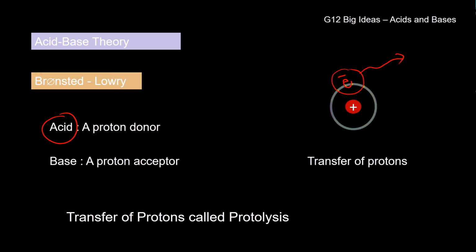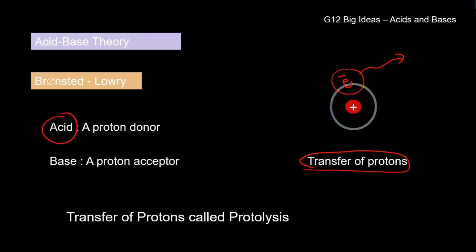So an acid is a substance that is going to give a proton away. A transfer of protons, that's what we're talking about here. So an acid gives a proton away. It is a donor. What about a base? A base is a substance that then takes on that proton, and so it is known as the proton acceptor.